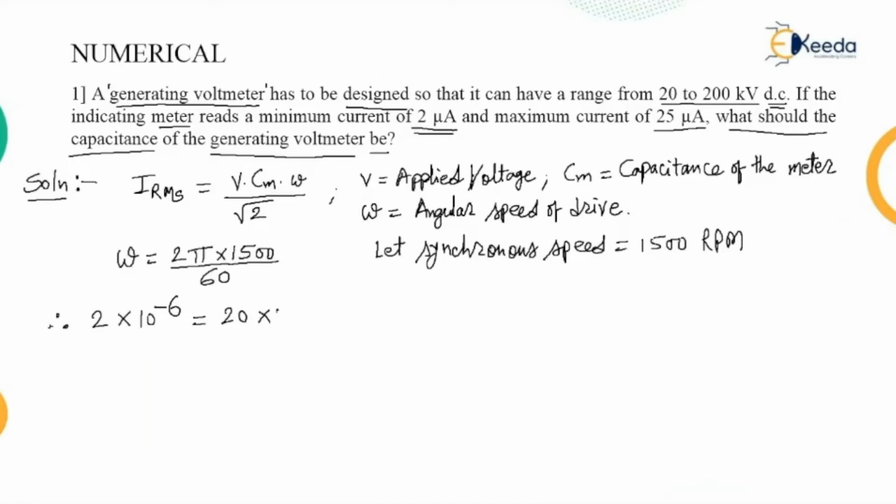So 20 into 10 raised to power 3 volts multiplied by the capacitance of the meter multiplied by omega, divided by root 2, and whole multiplied by twice pi into 1500 divided by 60.